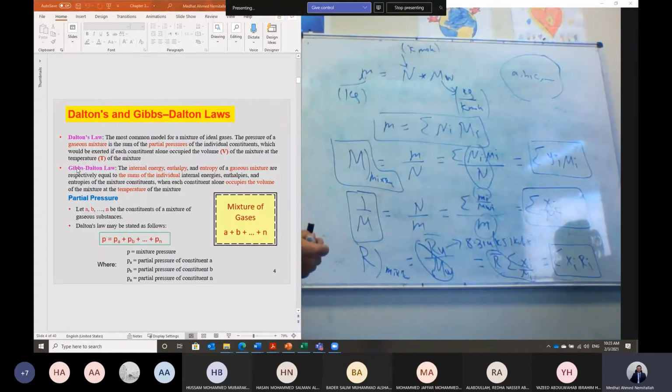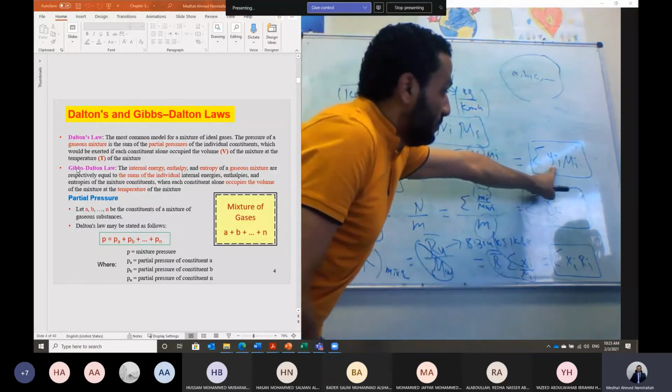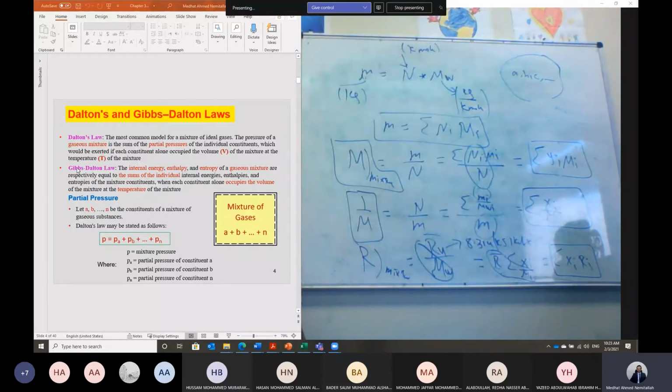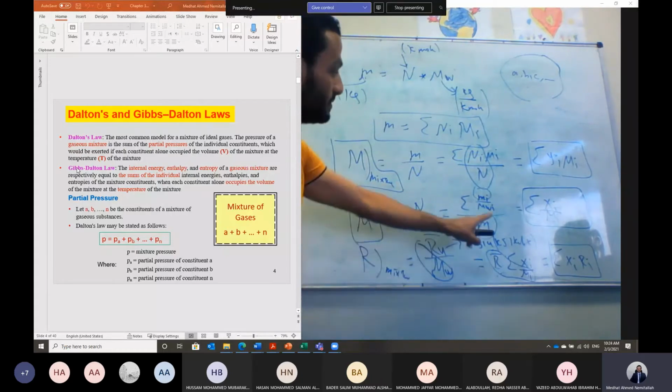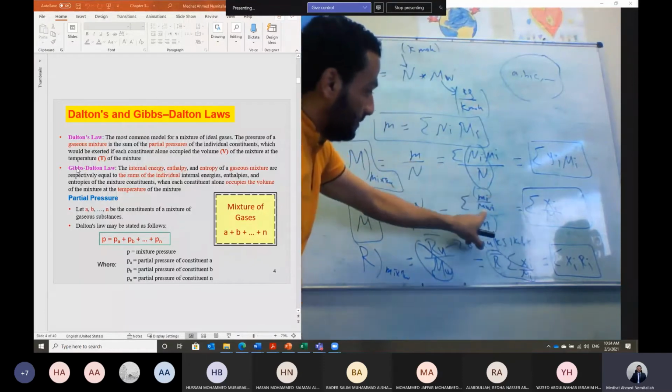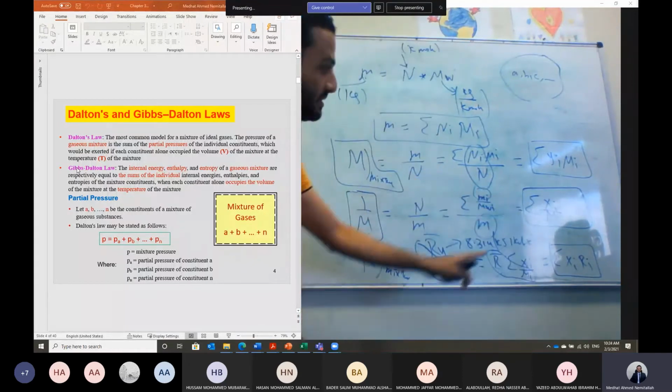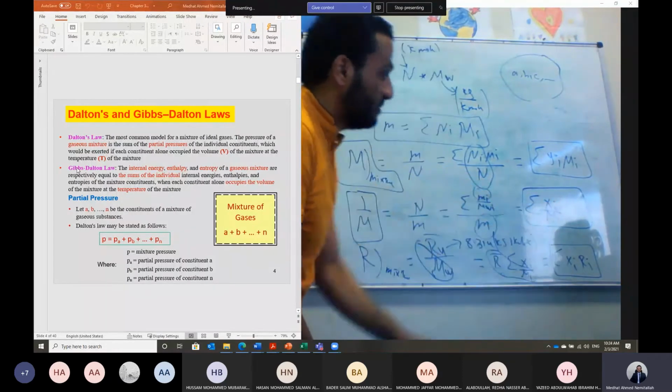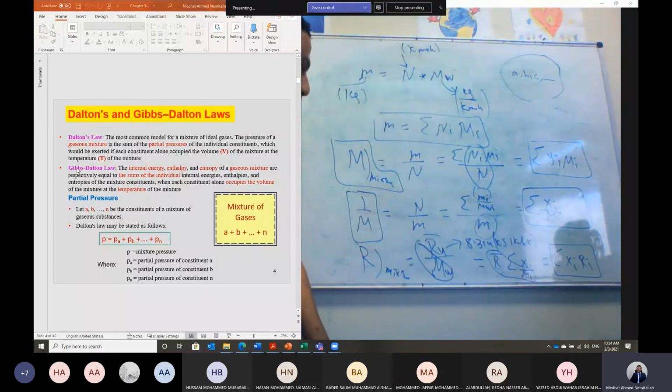So again, here molecular weight is equal to the summation of the mole fraction multiplied by the molecular weight for each component. If we consider 1 over the molecular weight, that should equal the summation of Mi over total mass, which is Xi divided by Mi. So it is a summation of the mass fraction divided by the molecular weight of each component.